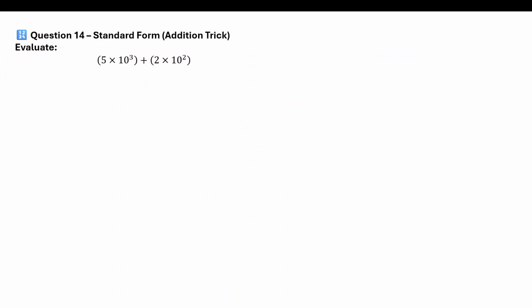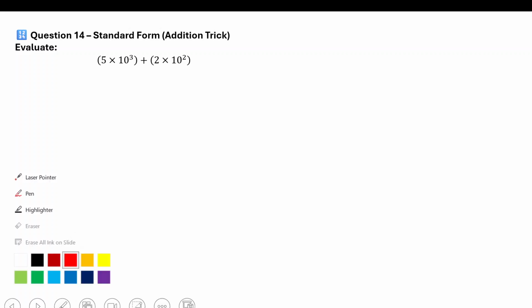All right. So next question is standard form addition. Okay. So again, I have 5 times 10 to the power 3 plus 2 times 10 to the power 2.